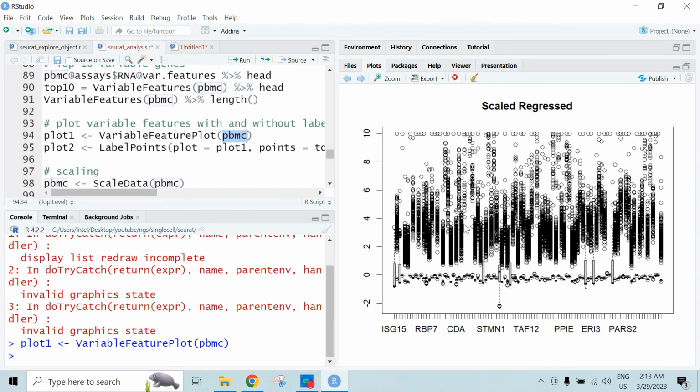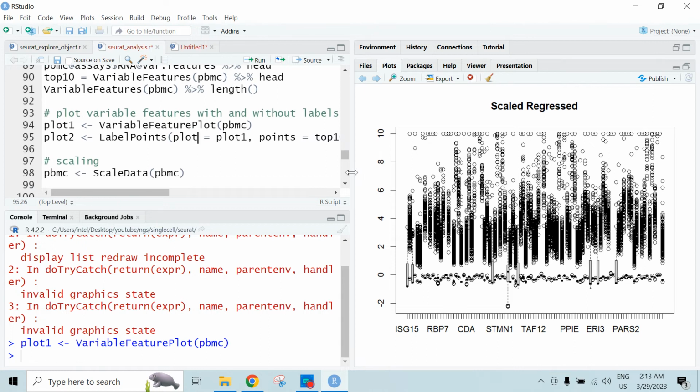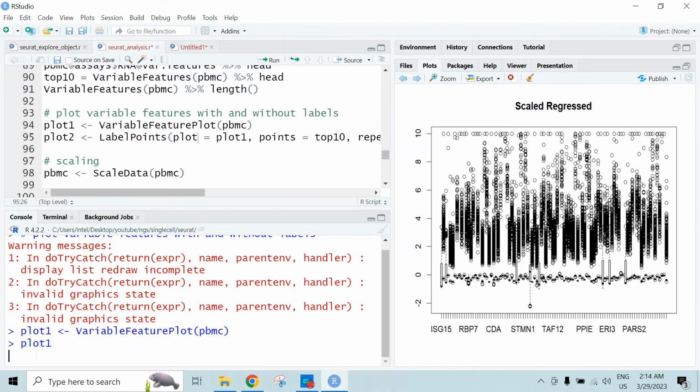Okay, this is an old plot actually, my bad. My system is slow again. Let it run. Oh, I have stored it already, my bad. So we need to print it. When we say plot 1, now it will draw.